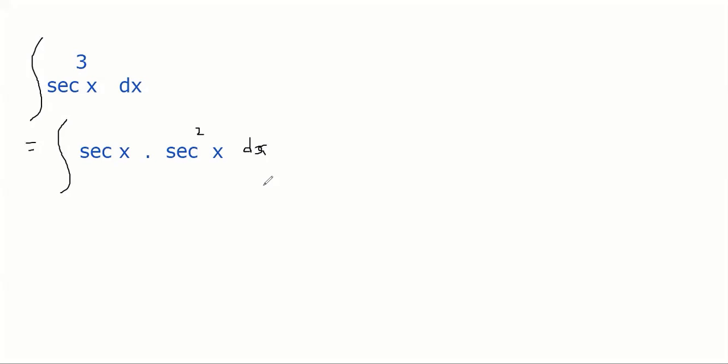So which one will make more sense? Which will make it easier? Think. If I put secant x as first, or if I put secant square x as first? Remember the formula of the product rule?